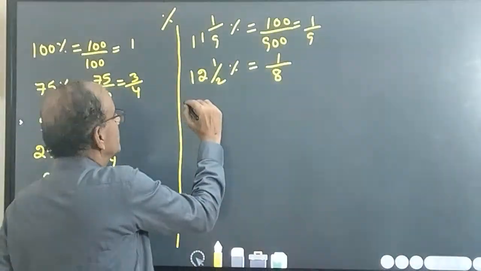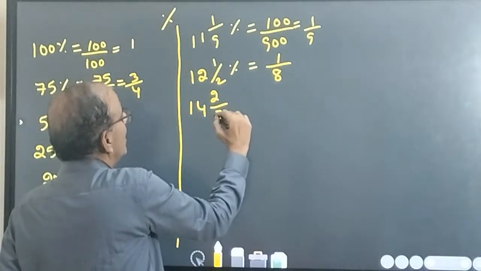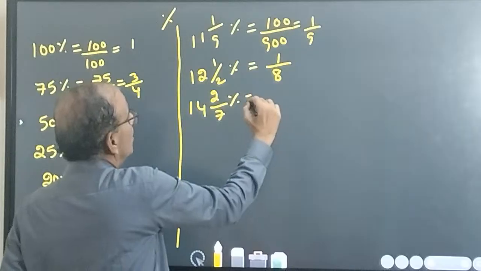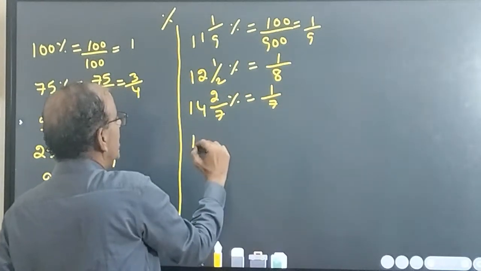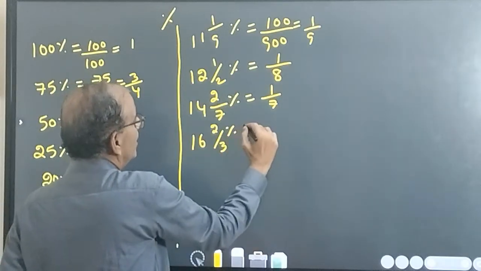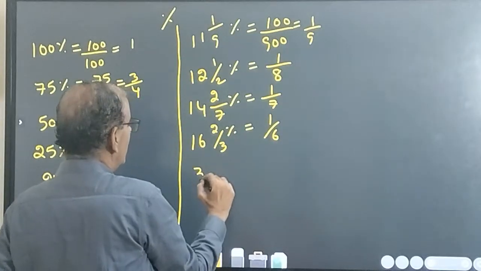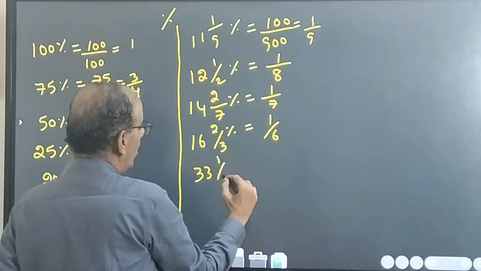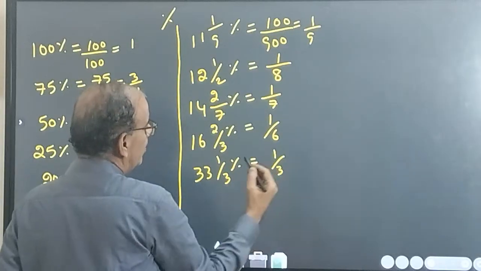Okay. 14 2 by 7 percentage is equal to 1 by 7. 16 2 by 3 percentage is equal to 1 by 6. Then 33 1 by 3 percentage equal to 1 by 3.